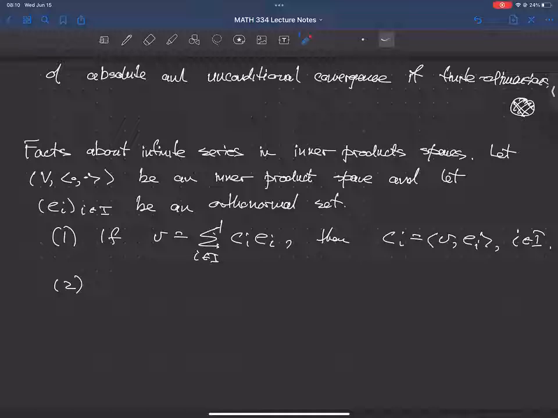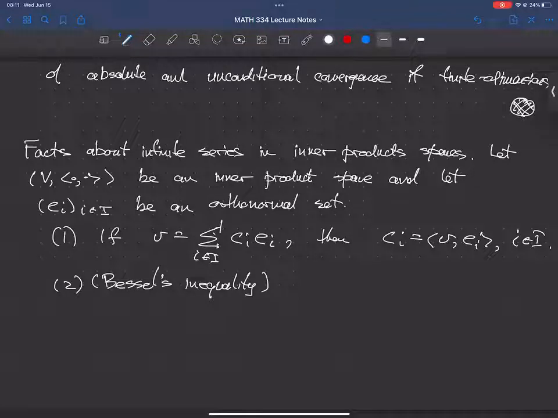You just take the inner product of v with each of these e's, and then you use this finite sum, and out pops that condition. But the fact of the matter is that it holds even for uncountable sums. This is a thing we've used previously, and it underlies a lot of the stuff that follows.